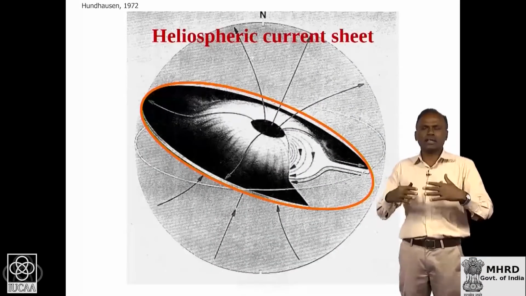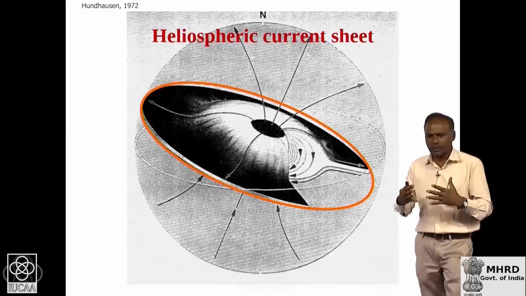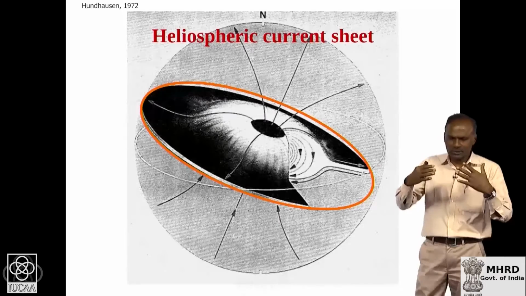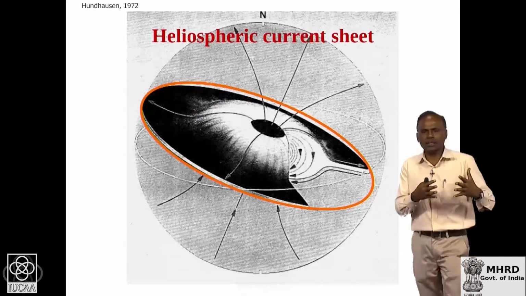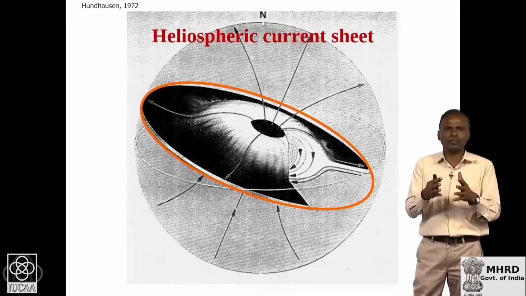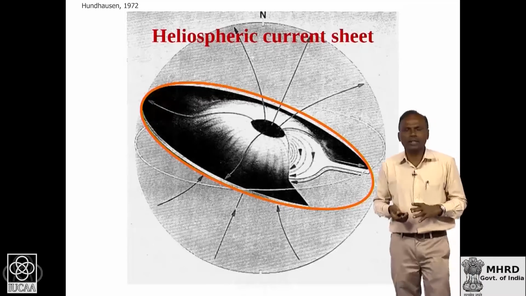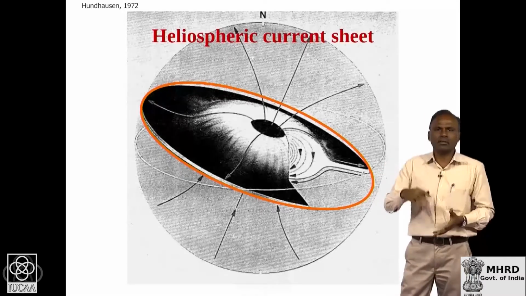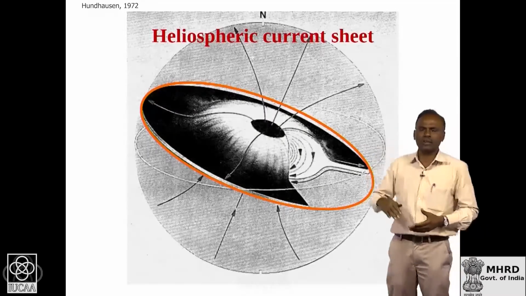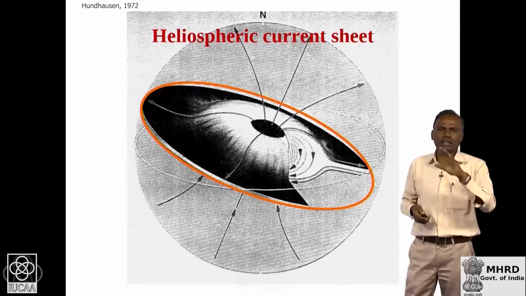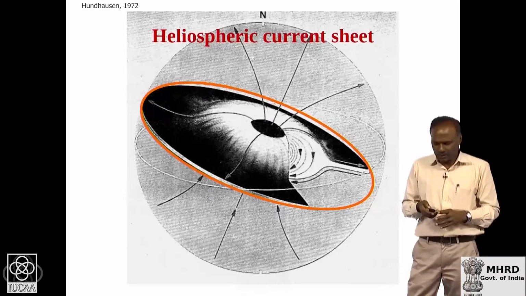Since the originating solar wind has a magnetic configuration embedded with it, as the solar wind flows out from the Sun to large distances, 1 AU or 10 AU, the magnetic current sheet, the current sheet between two polarities, positive and negative, or south polarity and north polarity, also propagates from the Sun to Earth.